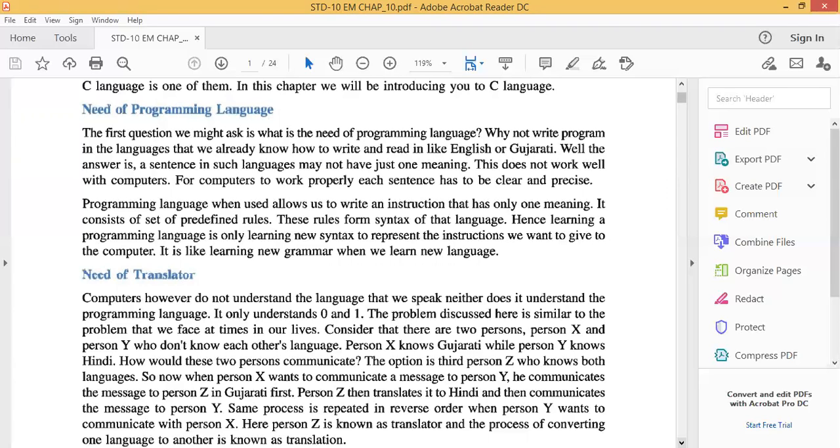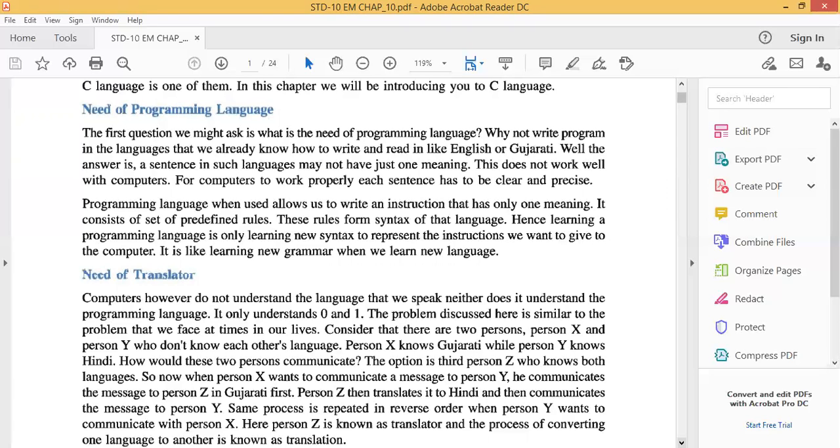A programming language, when used, allows us to write an instruction that has only one meaning. If you want to tell the computer to print this word, there is some syntax for it.